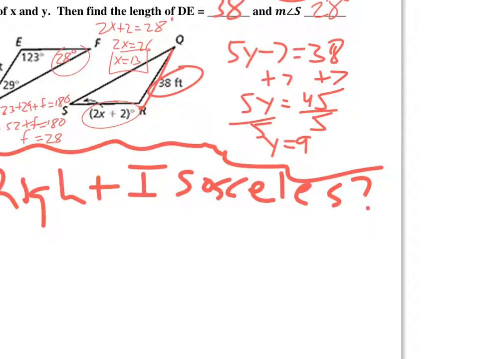Be ready to draw some triangles like a right isosceles. Can you draw a right isosceles triangle? So that would look something, we've got a right angle, and two of them need to be congruent. There it is. Okay.